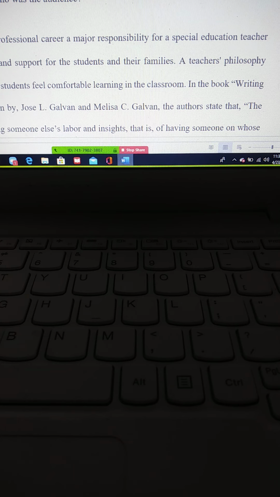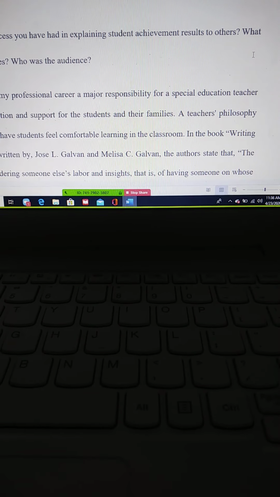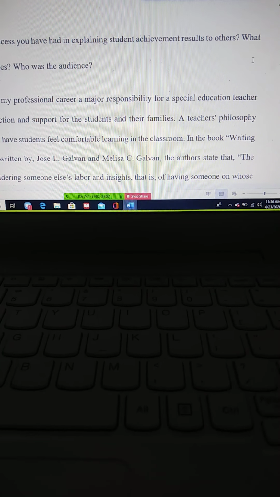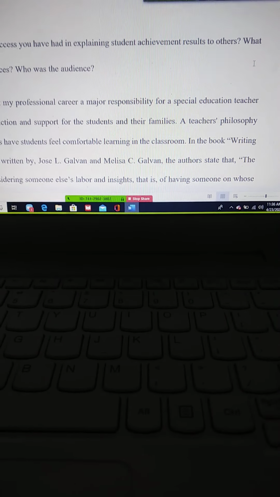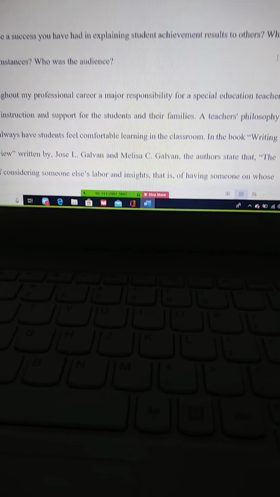I like this one because I always talk about different ways. Does that meet that requirement? So describe a success you have had in explaining student achievement results to others. Does that address that issue? Yeah, I think so. Defining problems and giving an area.